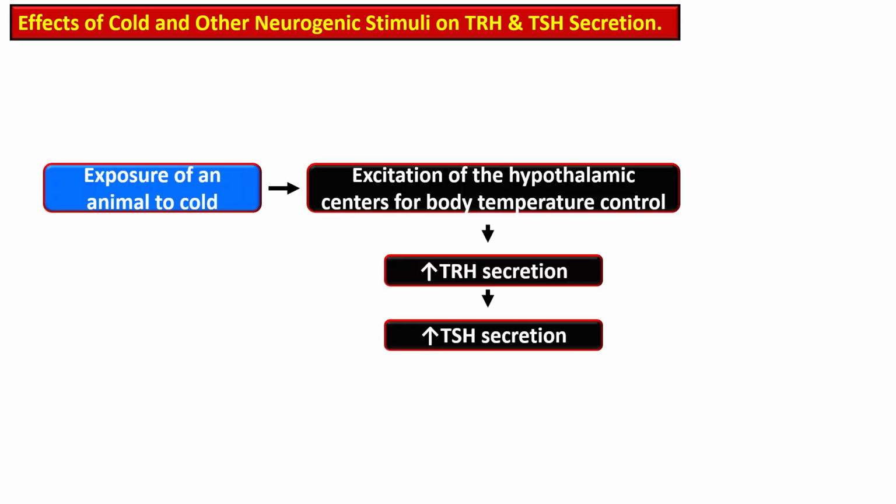The secretion of TRH and TSH are dependent on some environmental and neurogenic influences. The effect of the cold is evident. It is well documented. Increased TRH secretion from the hypothalamus occurs as the person is exposed to cold. This leads to increased TSH secretion that results in increased thyroid hormone production from the thyroid gland.